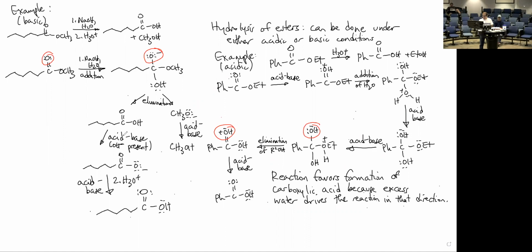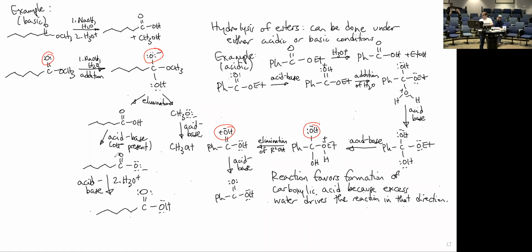And we also generate a molecule of the carboxylic acid, but that's not going to stay as is. That's going to get deprotonated by the hydroxide that's still present. So the hydroxide is basically going to continue to react until there's nothing left for it to react with.